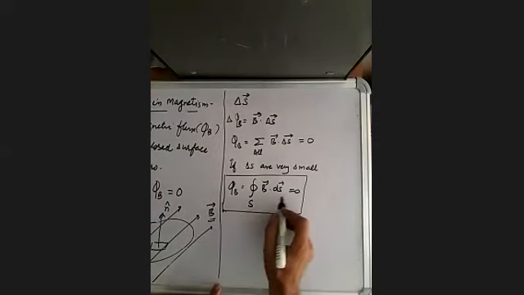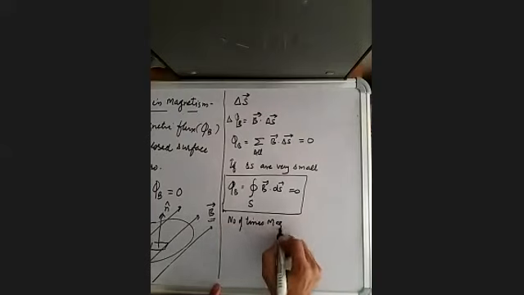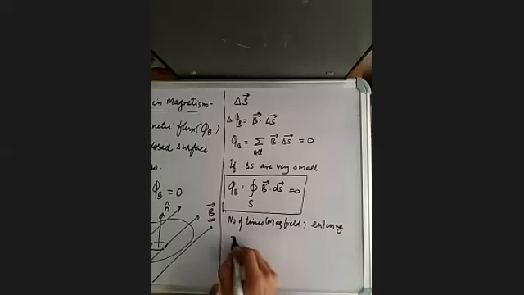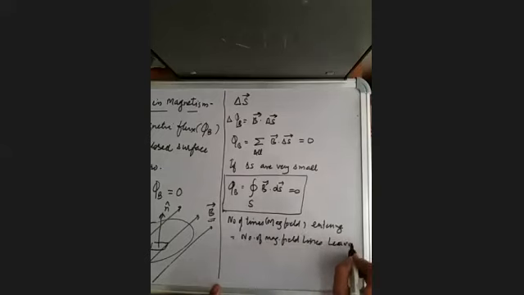So when we say that flux is 0, that means the number of magnetic field lines entering is equal to the number of magnetic field lines leaving the closed surface.